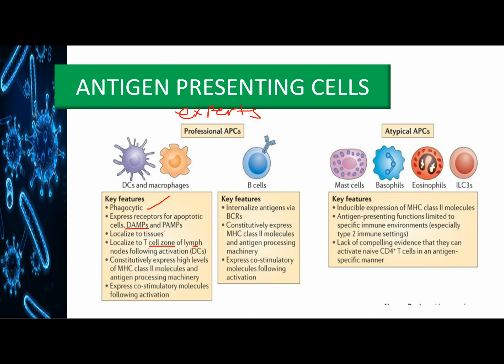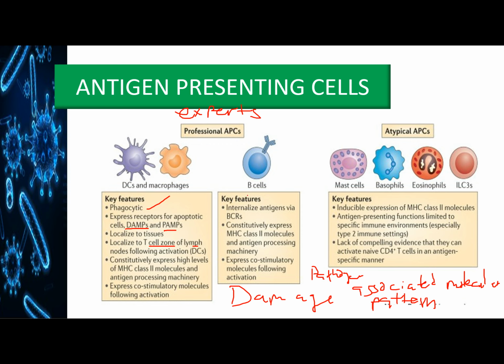Itong DAMPs and PAMPs na to, class, pag sinabi mong DAMPs, this is what refers to damage-associated molecular pattern. Kapag naman PAMPs, this would refer to pathogen-associated molecular pattern. So meron silang receptor for apoptotic cells, DAMPs and PAMPs.